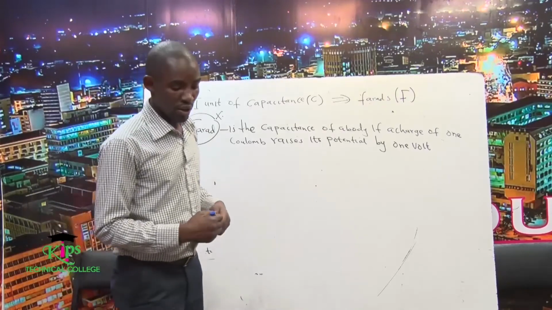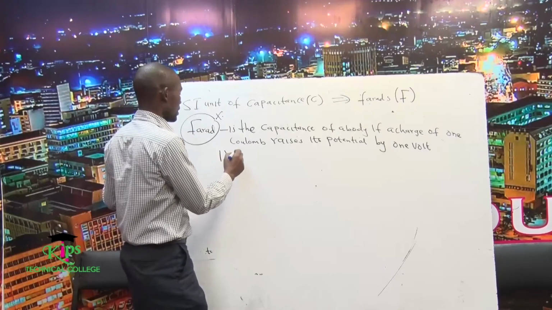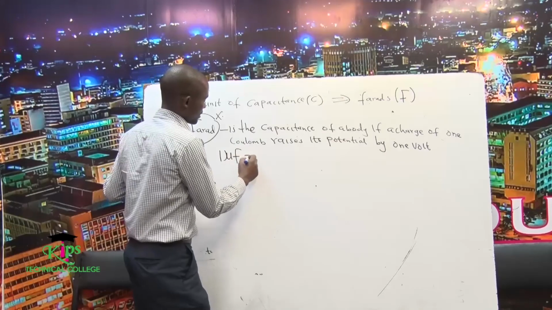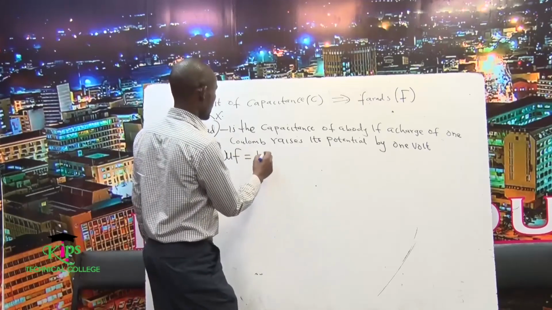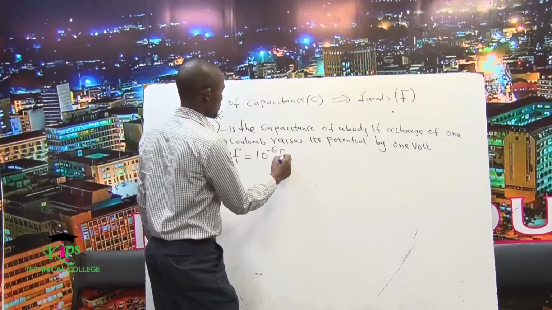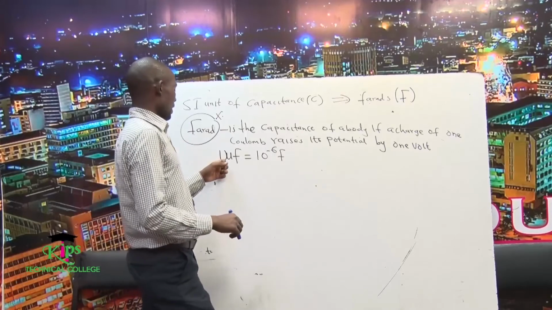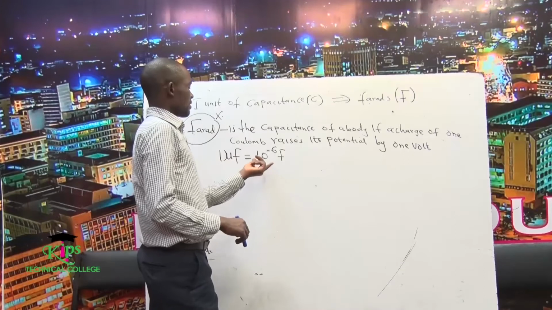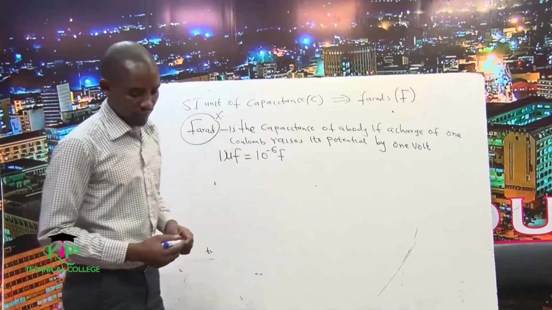For example, 1 microfarad is the same as 10 power negative 6 farads. So if an examiner gives you 1 microfarad, you have to change this value by multiplying it by 10 power negative 6.